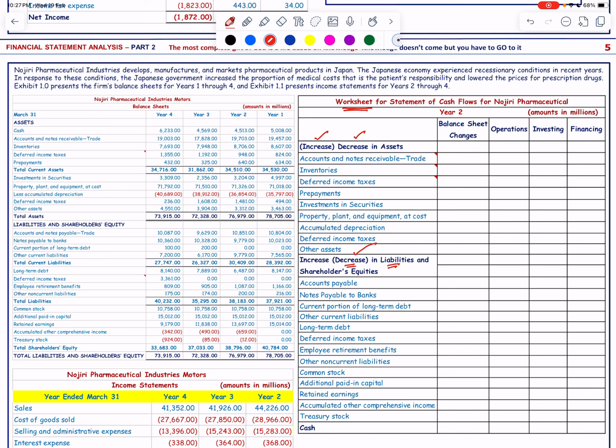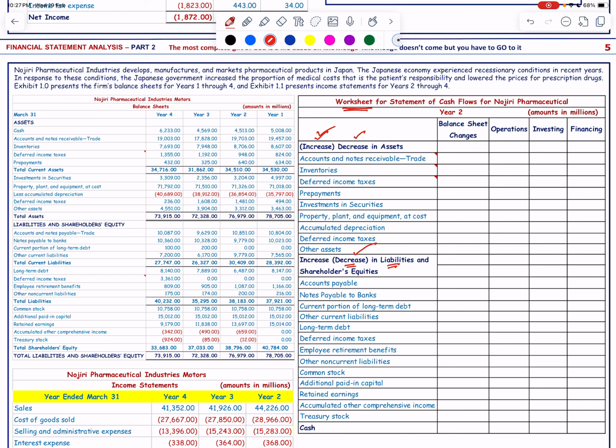So a decrease in liabilities means use of cash again. Like an increase in assets means use of cash, a decrease in liabilities means use of cash or cash outflow. So it is shown in brackets or as a negative value in the cash flow statement to reflect the reduction in cash.